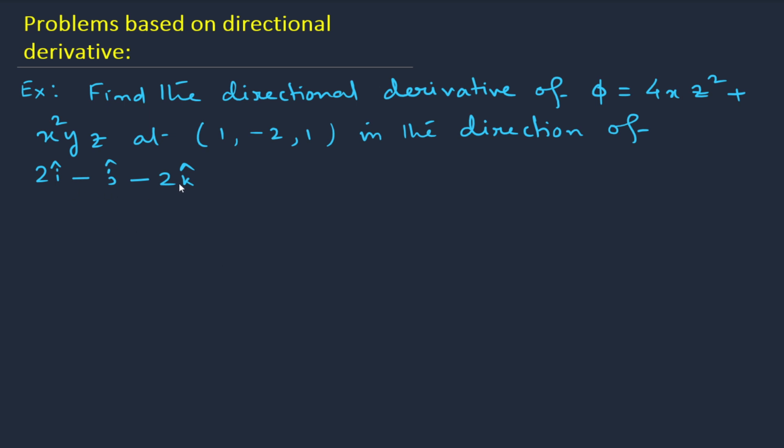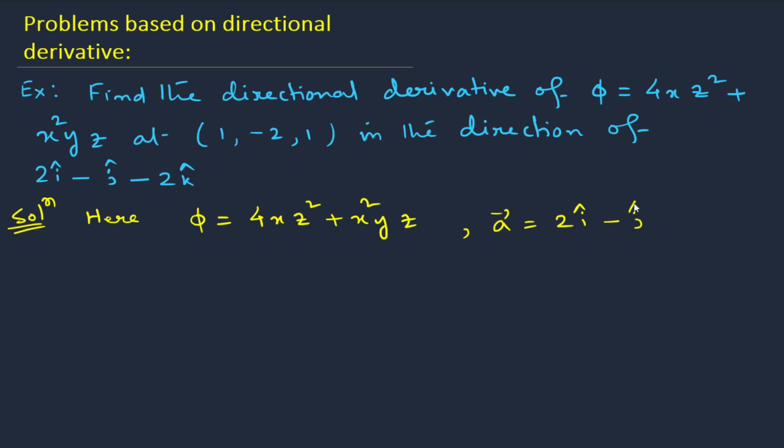So we need two things: the function and the direction. The function is phi equals 4xz square plus x square yz, and the direction, let it be a bar, is 2i cap minus j cap minus 2k cap.